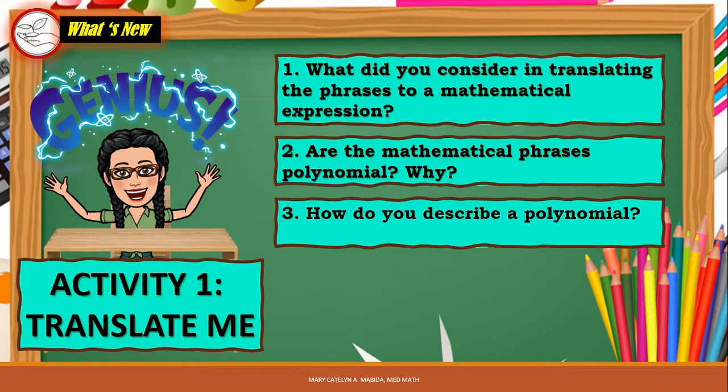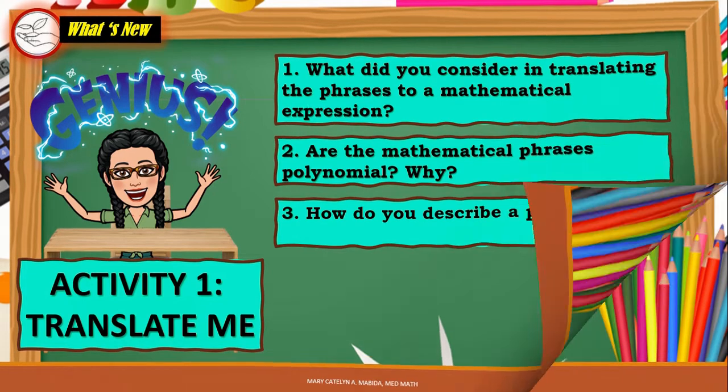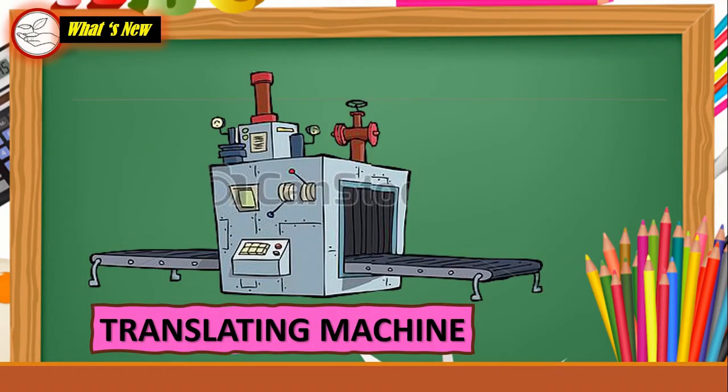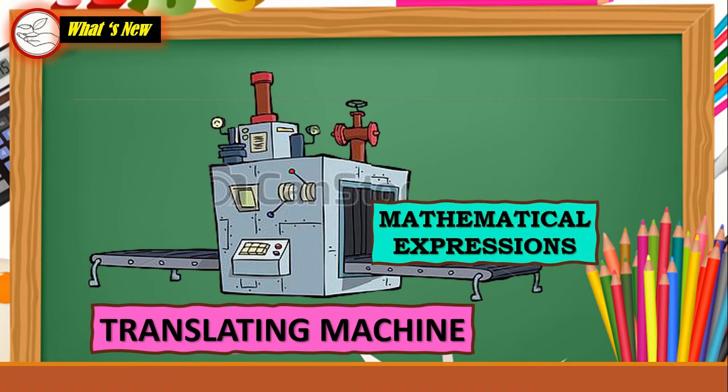In Activity 1, Translate Me, you were able to deal with translating verbal phrases to mathematical expressions, which are mostly polynomials. The previous activity can help you in dealing with word problems as you move on to the next modules.